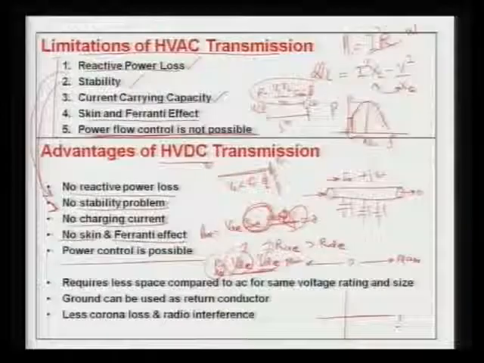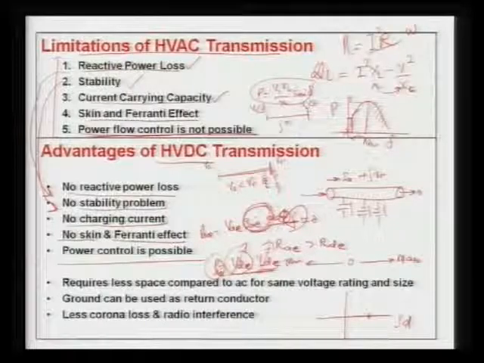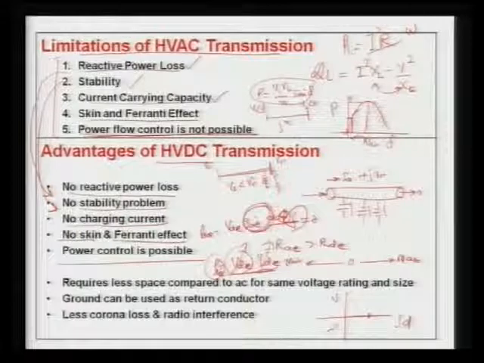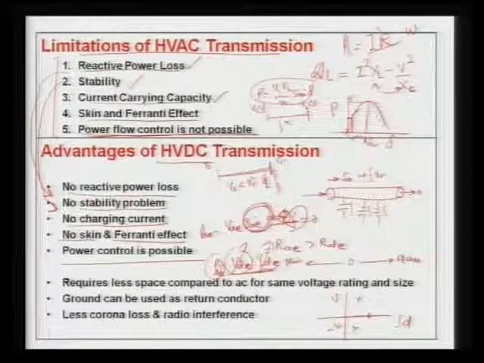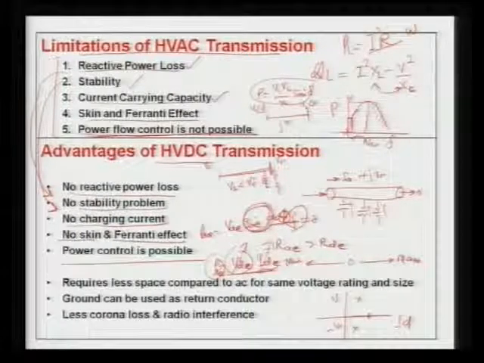As I said, ID is constant, and with the positive and negative voltage you can operate in these coordinates very effectively, control the power from one end to the other end, and also return it back.